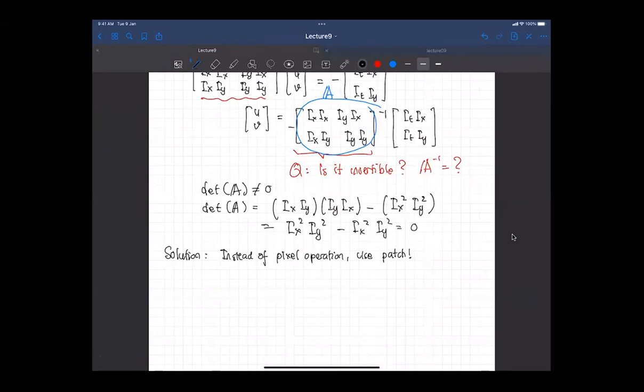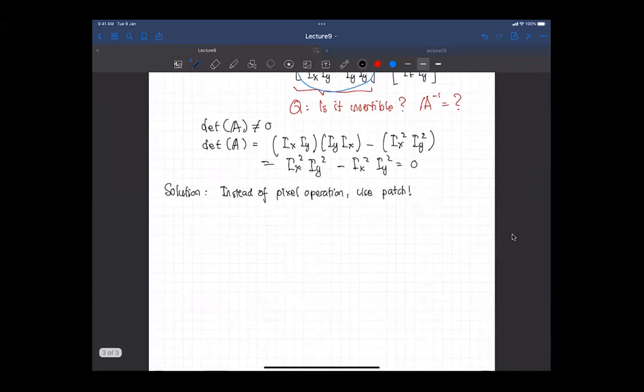So how can we use a patch? If you use a patch, for example, the easiest one is 3 by 3. The flow that you want to find is the flow of this pixel here in the middle. Of course, there is another image here, and it happens that it moves in that direction.